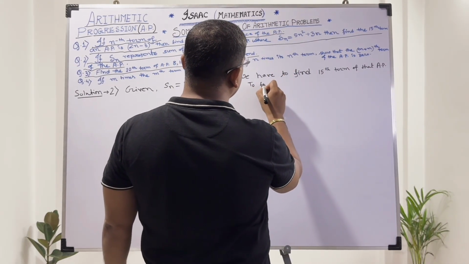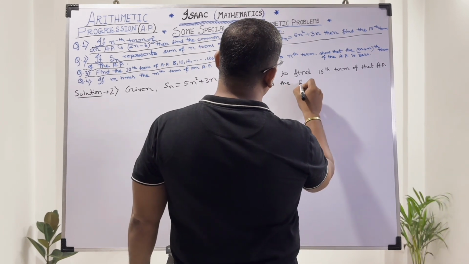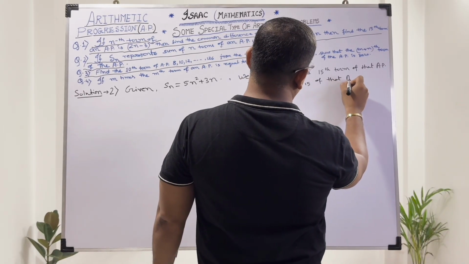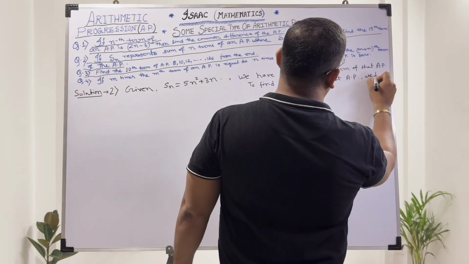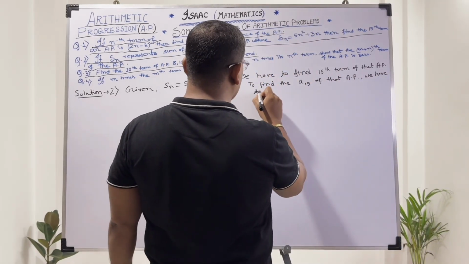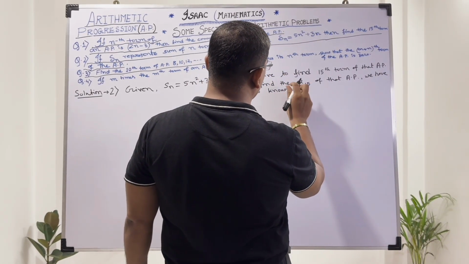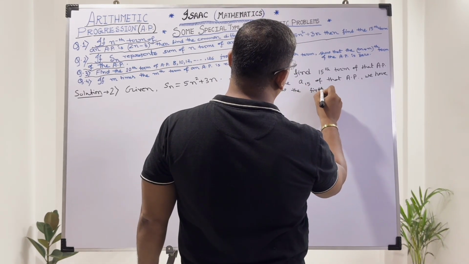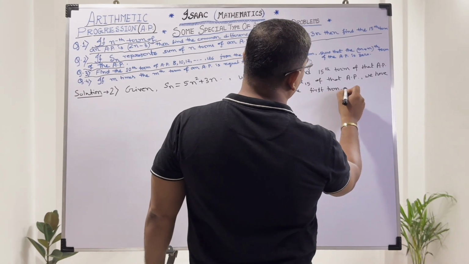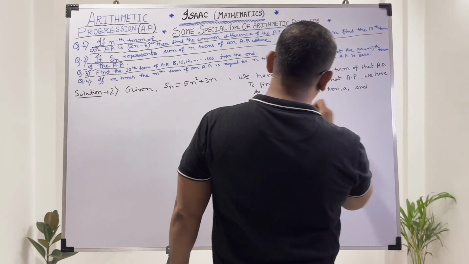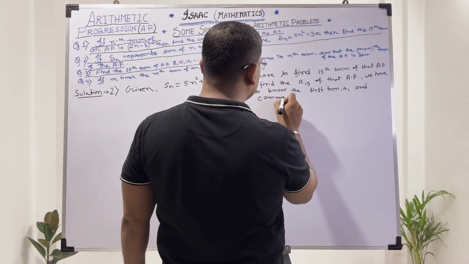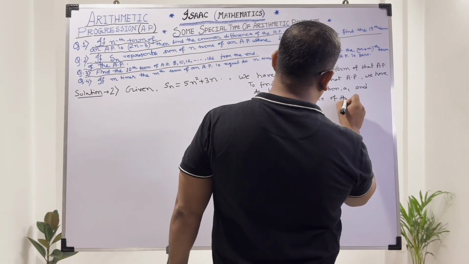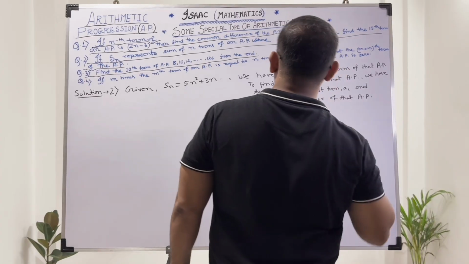To find the 15th term, that is a15 of that AP, we have to know the first term a1 and common difference of that AP.